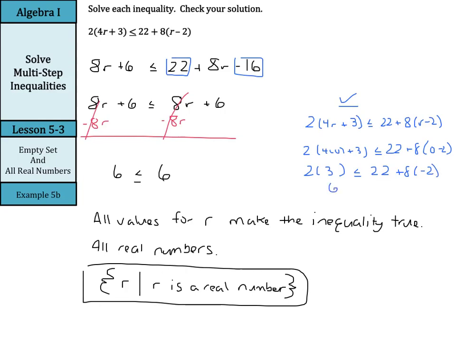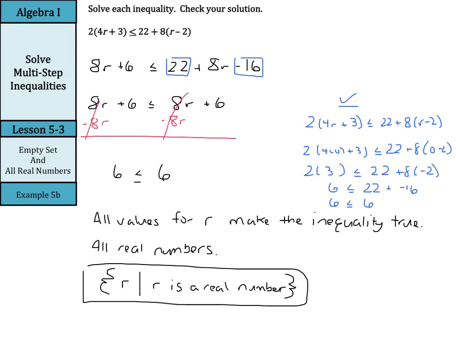We have 6 is less than or equal to 22 plus negative 16. And again, we have 6 is less than or equal to 6. Kind of fluky here, but that is true, so our inequality is true.